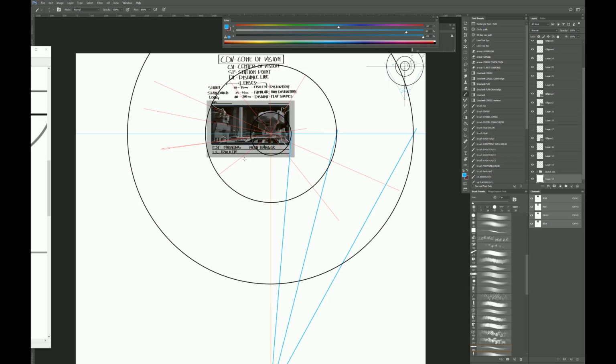So let's recap. The cone of vision is good for calculating lens types. They're good for deciding on a feeling in your image.